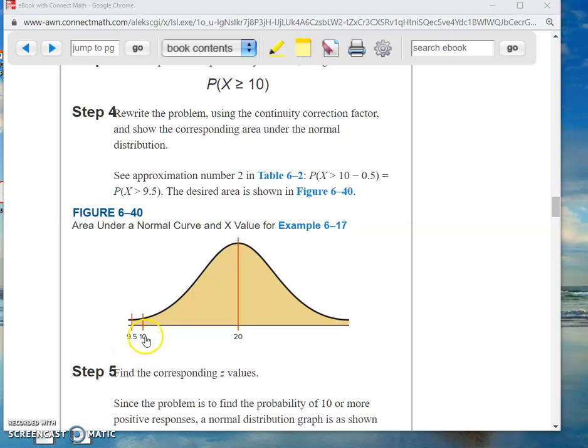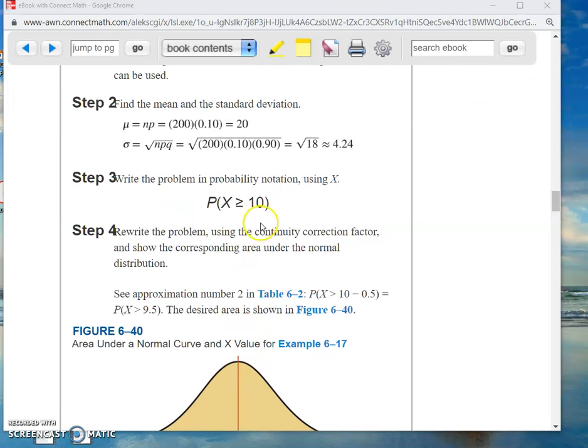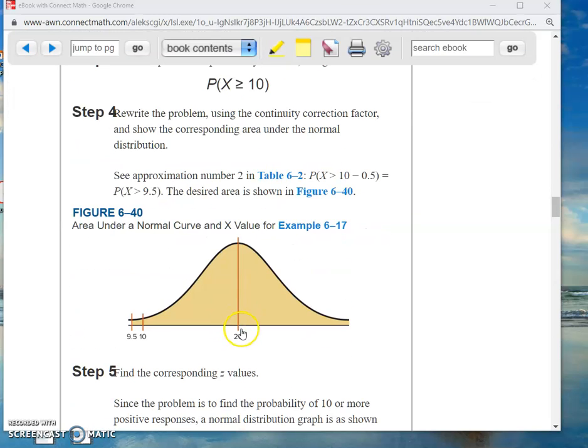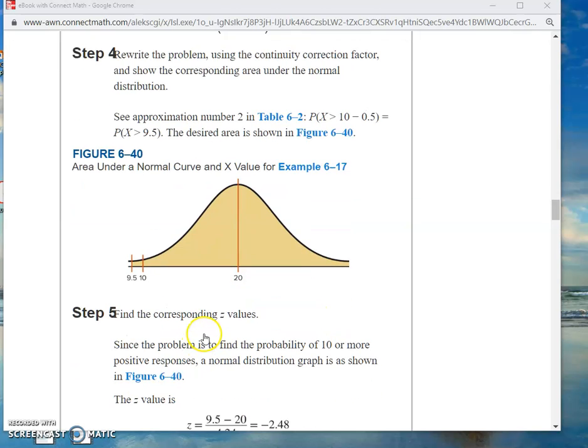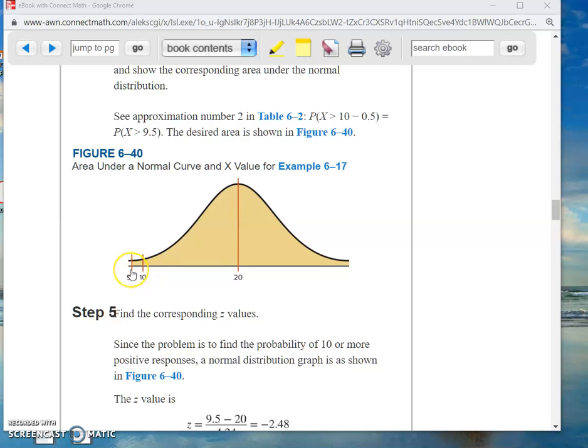Here's our cartoon. We want to know 10 or more. The mean is 20, and 10 or more is 10 this way. However, we have to use the continuity correction, so we go to the left a little bit. How far? We go 1/2 of the digits that we're using.